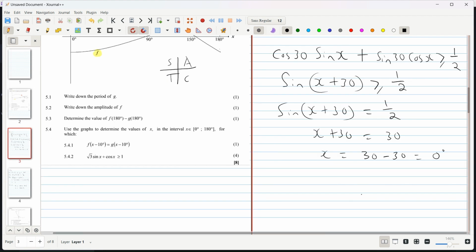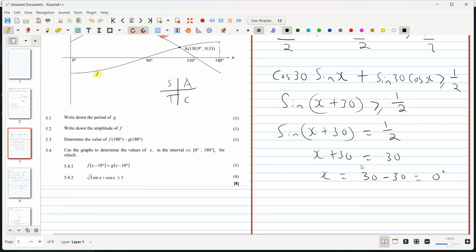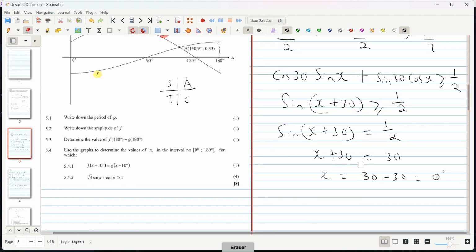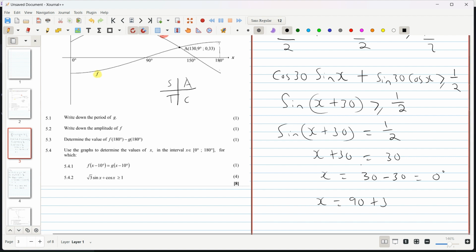So the next one will be 90 plus our angle here. So the next value for x will be 90 plus 30, which is 120 degrees.